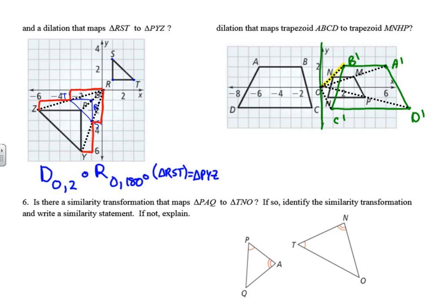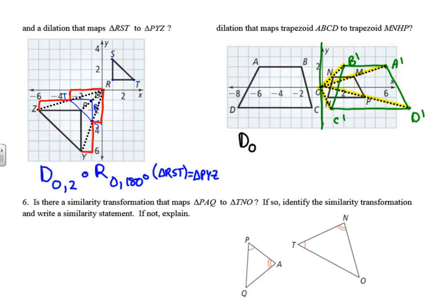To go from B prime to N, that's going to be half the distance. That's the midpoint. You can see the same thing down here, and same thing here. From A prime down to M, we're shrinking that in half.